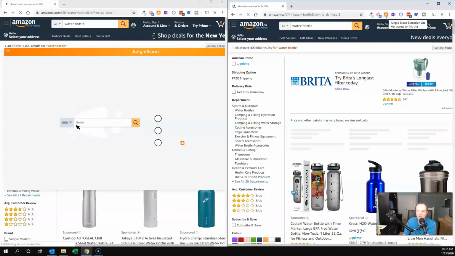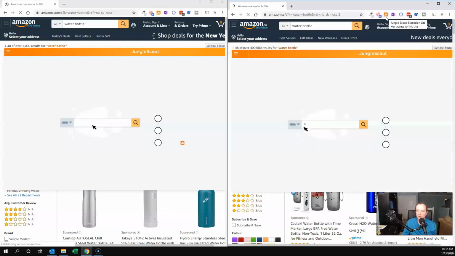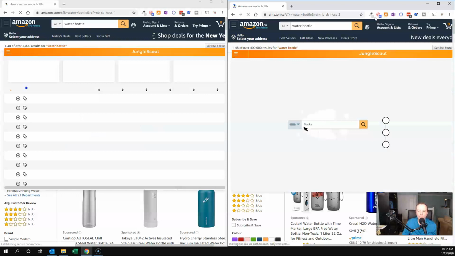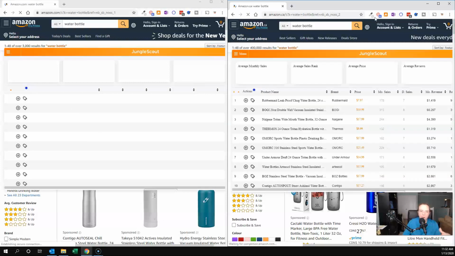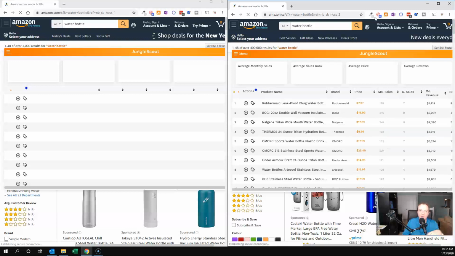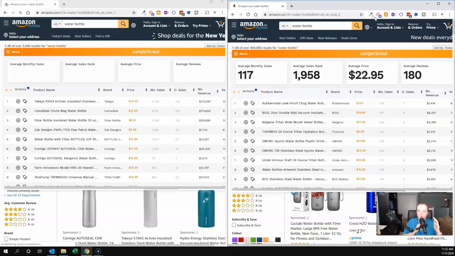Now, granted, with any approximation tool, we're using it just to give us a ballpark figure. We're not going to say this is exactly what it's going to be. This is just giving us data on whether customers will buy a product similar to mine. As it's downloading here, I'm going to pretty much guarantee you the numbers in another country are going to be smaller than they are in the US.